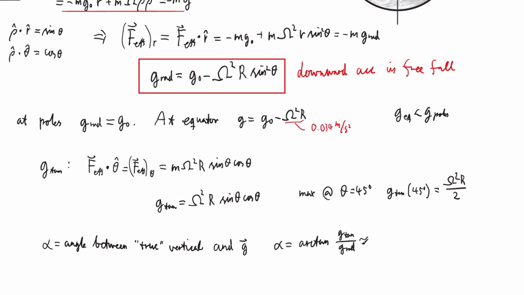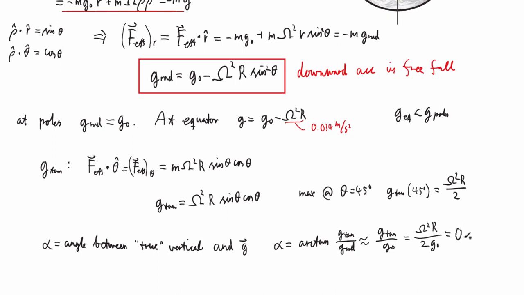Now, because the tangential component is so much smaller than the radial, we can get rid of the arctangent. Arctangent of x small is approximately equal to x. Moreover, the radial component is completely dominated by g naught. So this is omega squared r divided by 2 g naught.